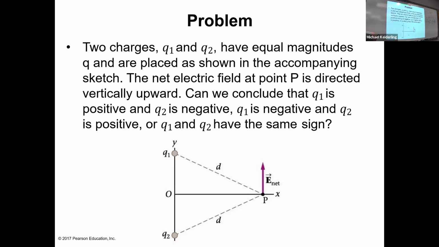So given that the electric field here points straight up, remember electric fields point out from positive charges and in towards negative charges. What do you think the signs of Q1 and Q2 here are? You think they're both positive?